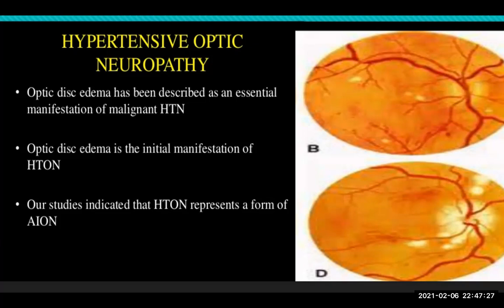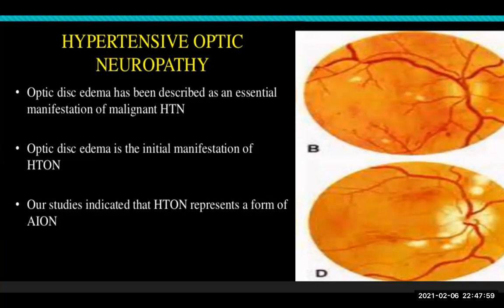And all studies indicated that malignant hypertension represents a form of AION. This abbreviation, AION, represents anterior ischemic optic neuropathy, which is idiopathic with unknown cause.